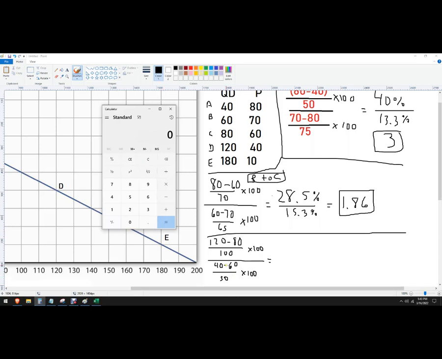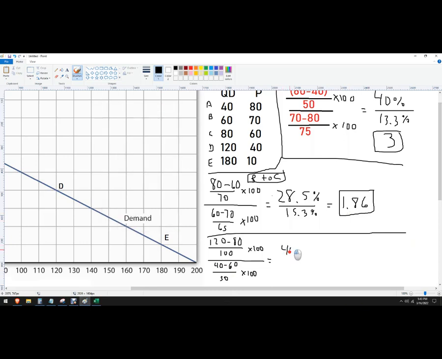And then right here, this is a difference of 20, so 20 divided by 50, which is also 0.4. So this turns out to be 40% divided by 40%, which is 1. Well, it's -1, but in absolute terms, it's 1. So this is unit elastic. That change is unit elastic. So the same change in quantity is the same change in price, and vice versa.